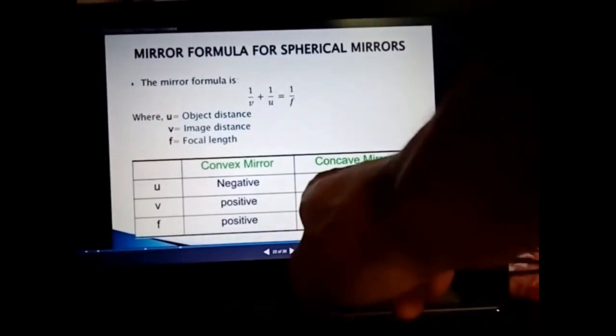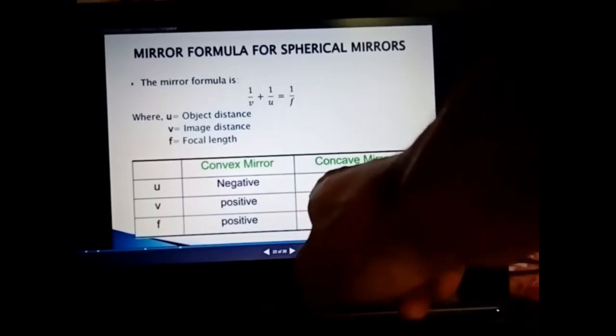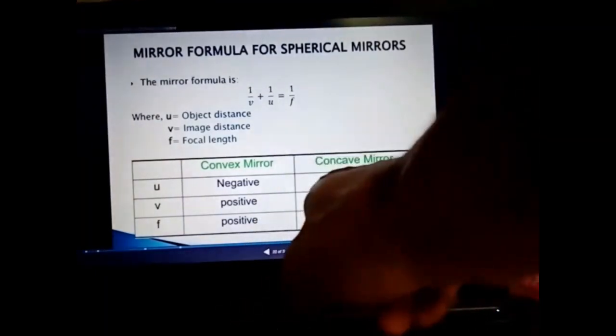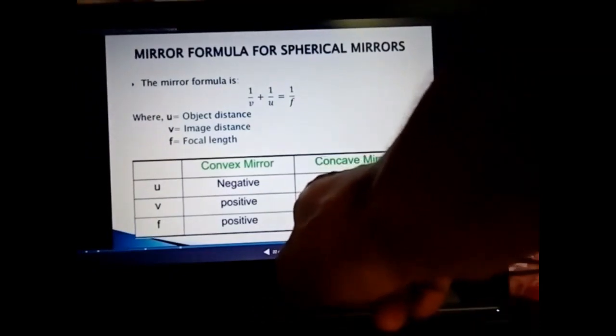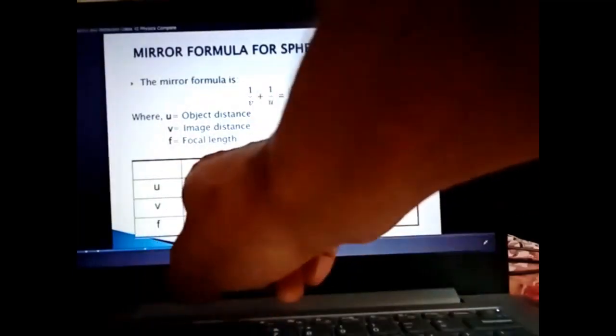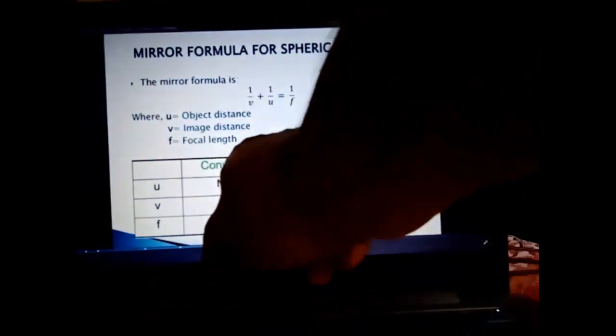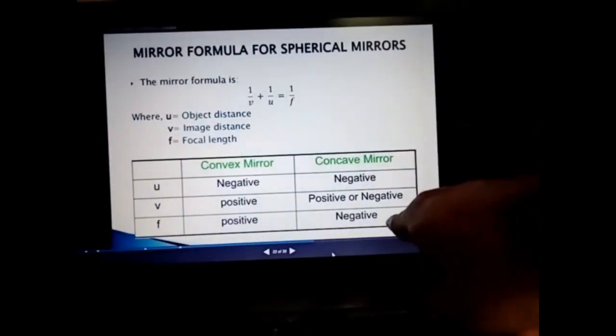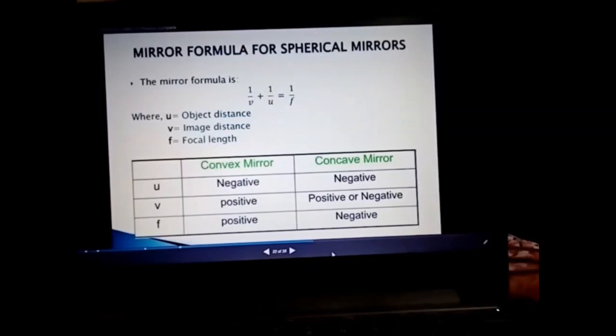In five cases the image distance is negative, while in only one case the image distance is positive. Then the focal length of the convex mirror is always positive, and the focal length of the concave mirror is always negative.